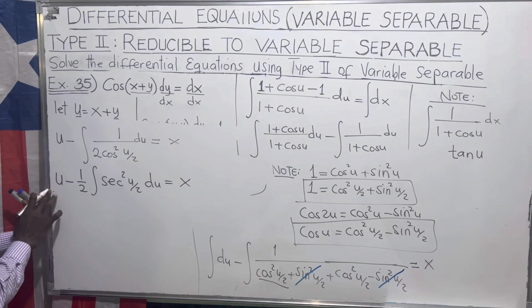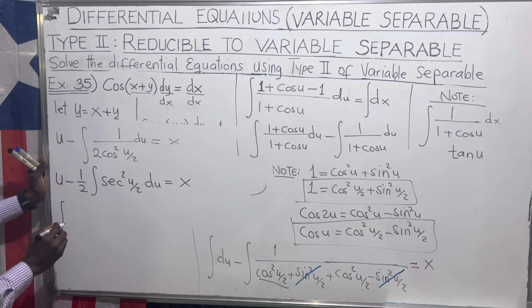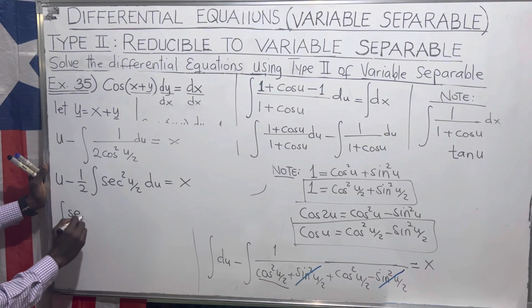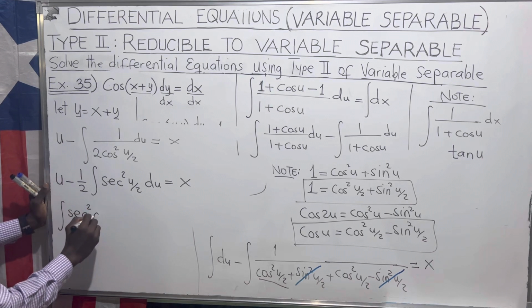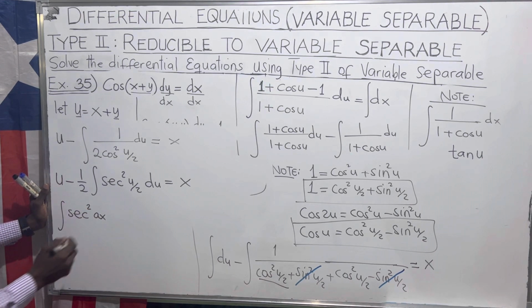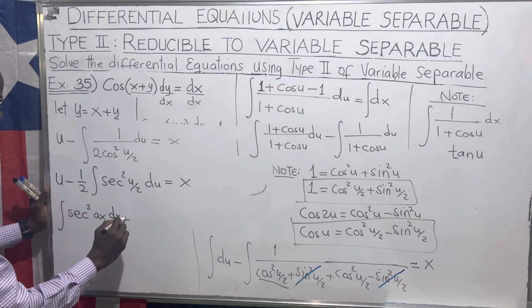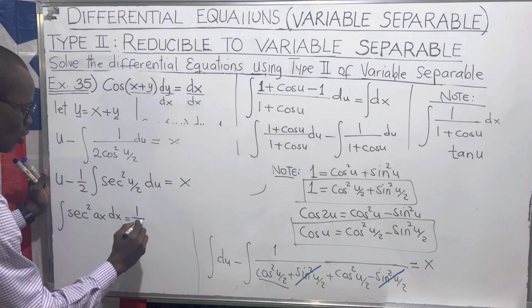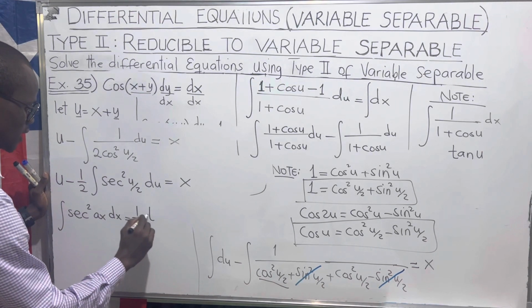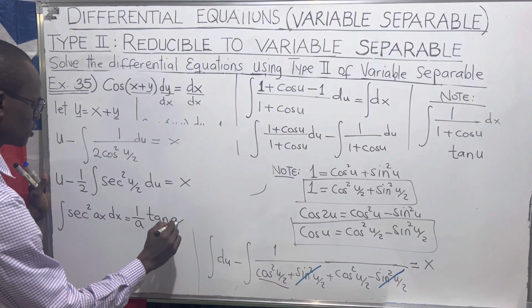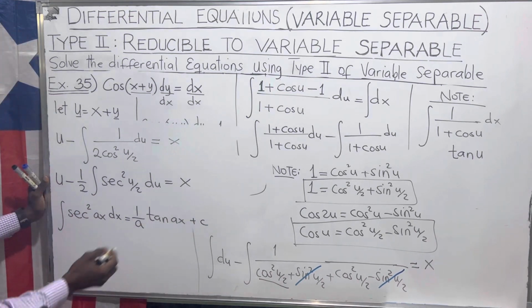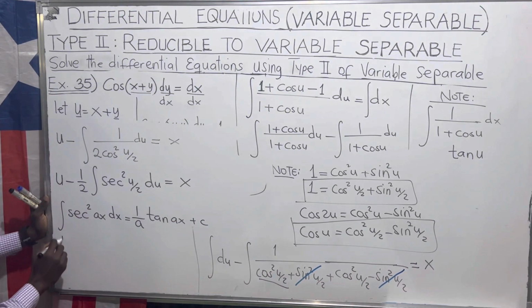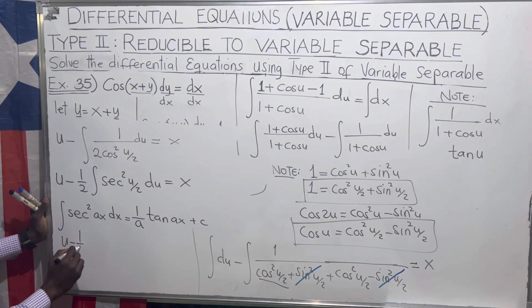So we know that the integral of secant square ax dx is equal to 1 over a tangent ax plus c. With this property, we can now say, what is our a? a is 1 over 2.